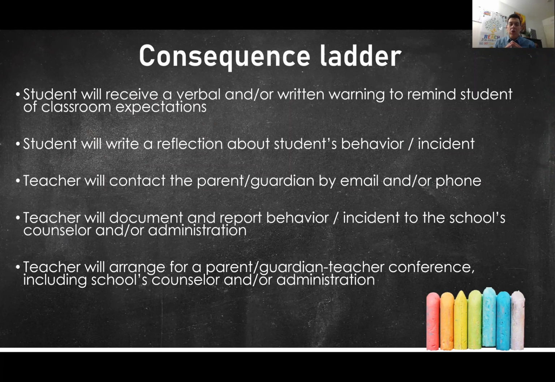For the most part, in my experience, students are definitely smart enough to know what went wrong at that moment, and they acknowledge it, and we just move forward from there.